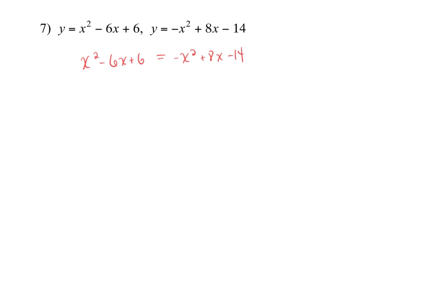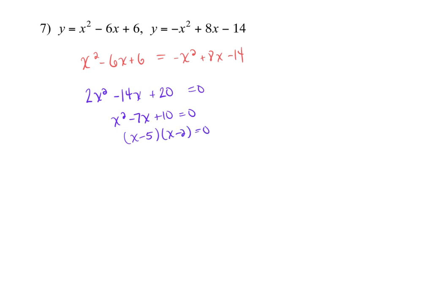So I'm going to add my x squared over, subtract my 8x over, and add my 14 over. Factor out a 2 because this is equal to 0. So I have x squared minus 7x plus 10. Factors of 10 that add up to 7. So that's 5 and 2.